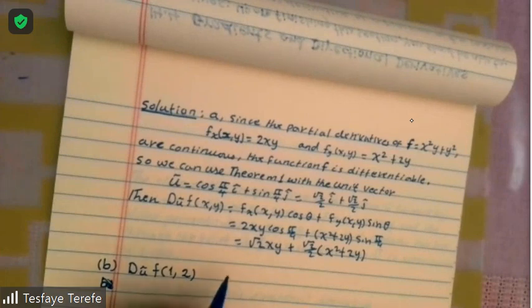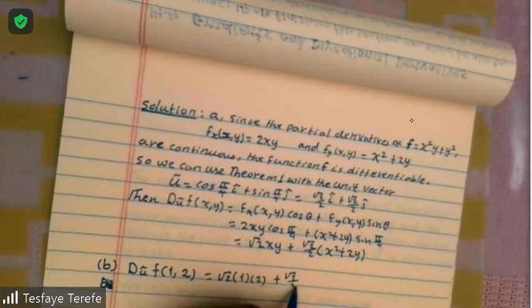Well, it is going to be when x is 1 times 2 plus radical of 2 over 2 and 1 square plus 2 times 2.